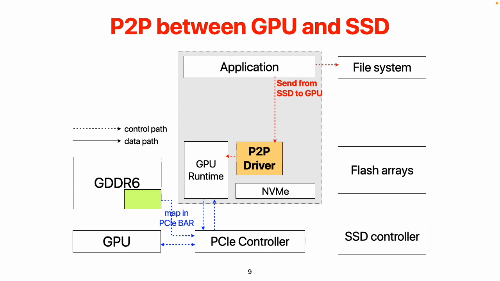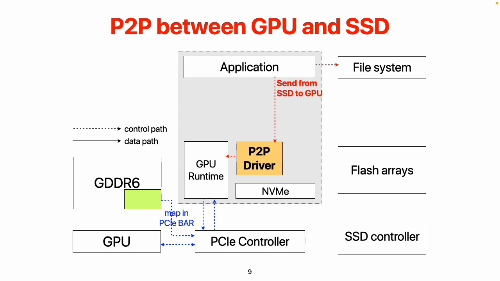The BAR address from the system main memory perspective never changes. Once you assign a BAR address to a device, this address is mapped to your device. What you can change is the window of this consecutive 256 megabytes, where it maps to your device memory. So you have to consult the GPU runtime to change that window to map to the destination device memory address where you want to access data from or copy data to.